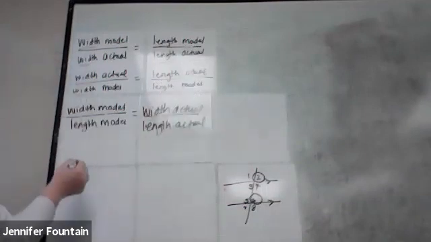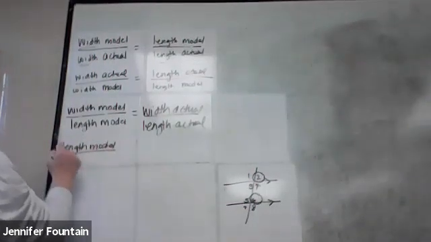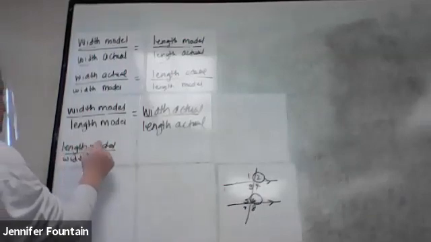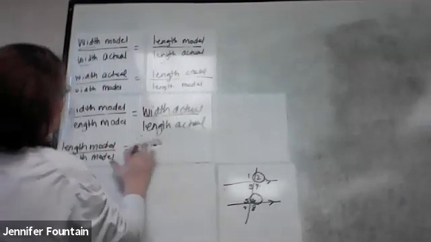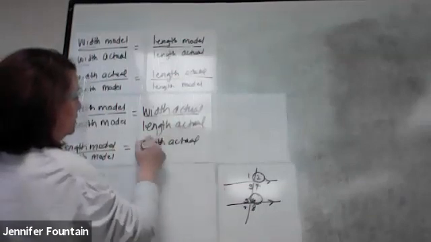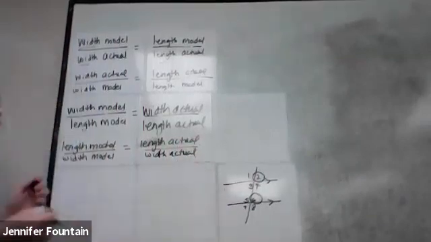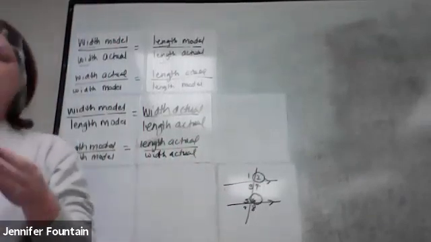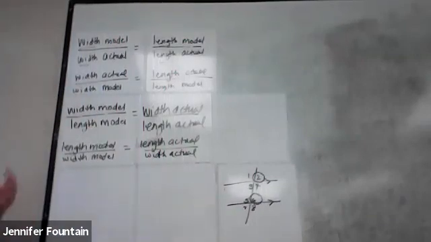And then here, I wanted to have length of model over width of model equals length of actual over width of actual. So in this situation, I actually have 4 different ways I could set up this one problem. What I have to make sure is I've got the corresponding information. Okay, so I have options, but they have to correspond to make sure that they're in the right placement.